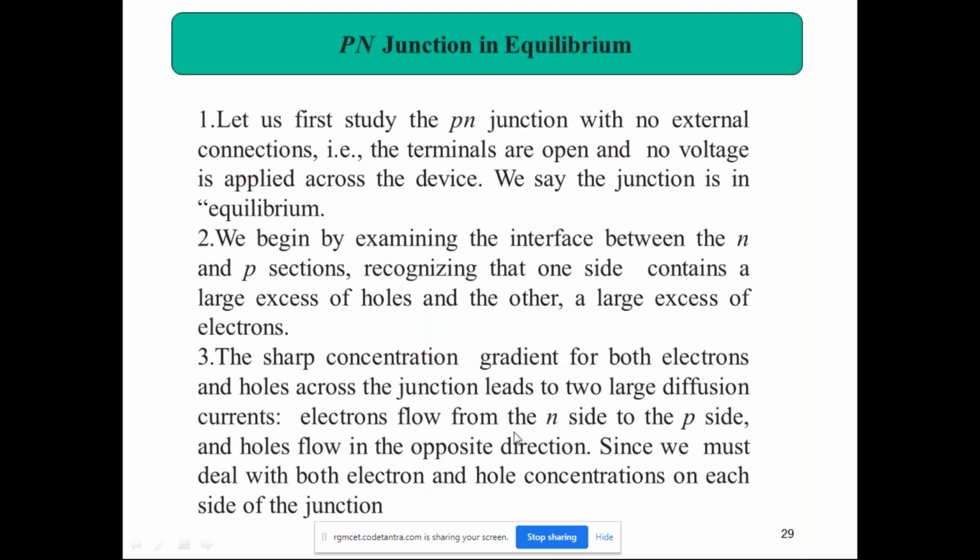Due to this concentration gradient, electrons try to diffuse from higher concentration to lower concentration. Similarly, holes diffuse from higher concentration to lower concentration. Due to this, electron diffusion current flows, hole diffusion current flows. So, we must deal with both electron and hole concentrations on each side of the junction.